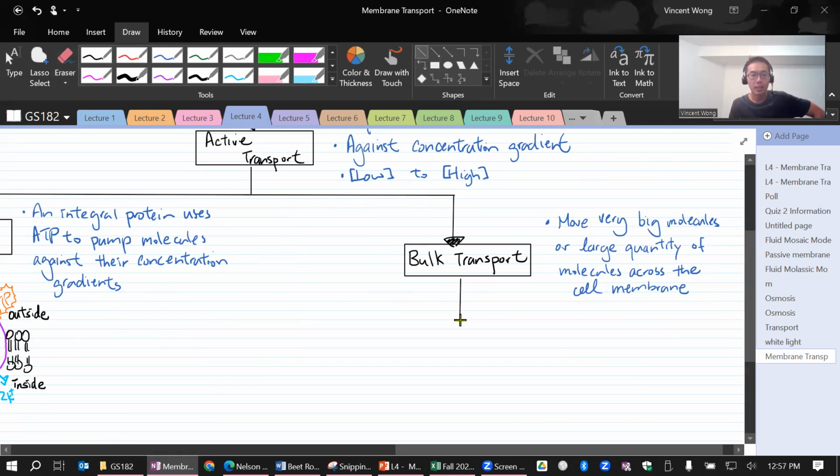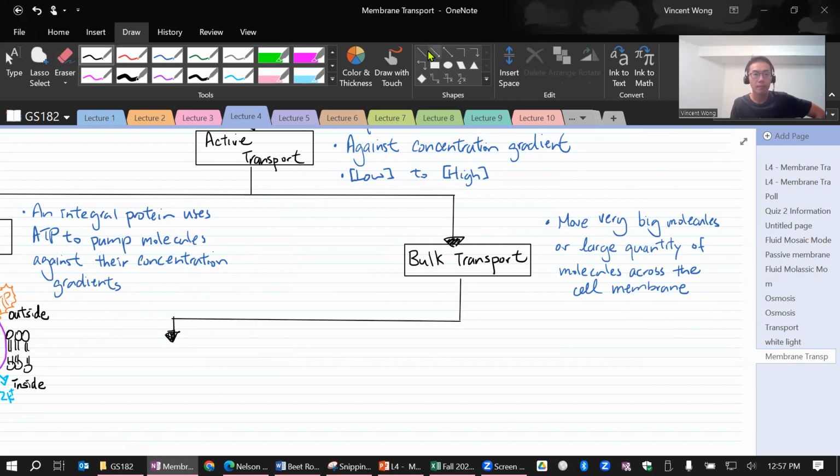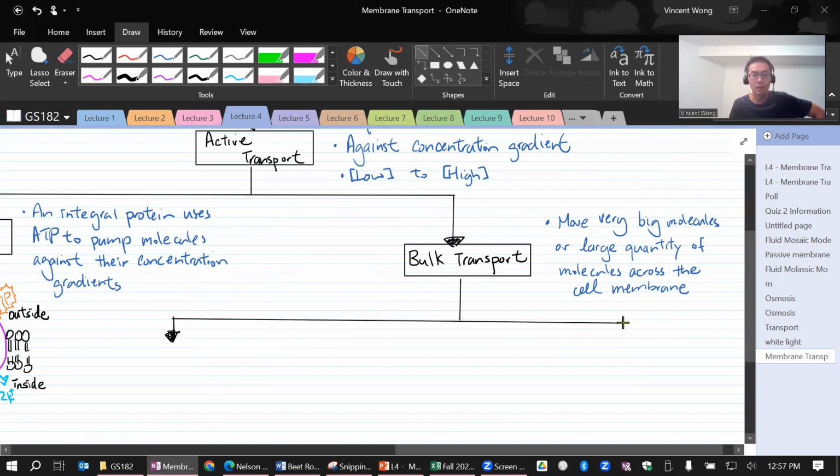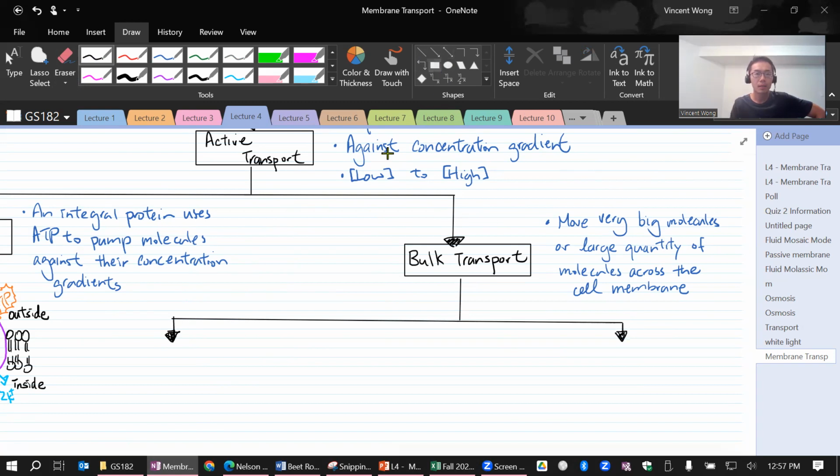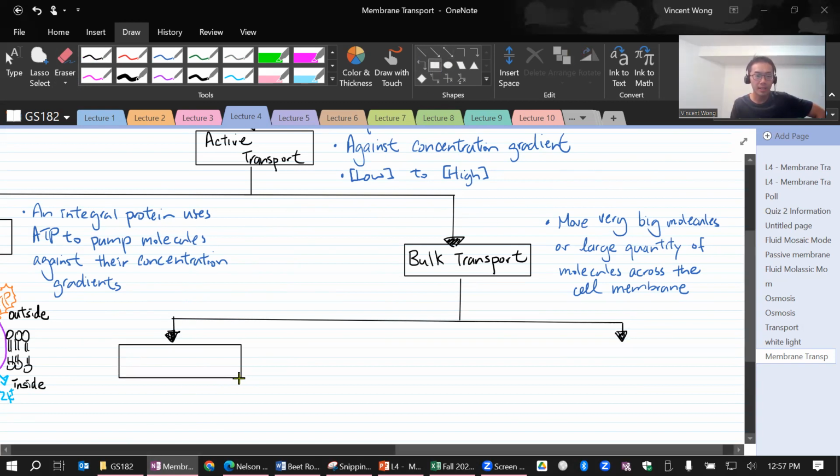So the bulk transport can go one of two ways. You can be sending things out, which we call exocytosis.